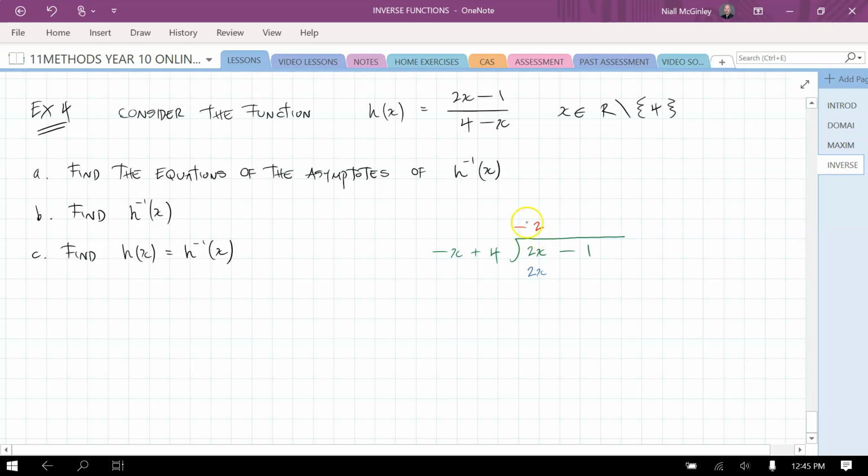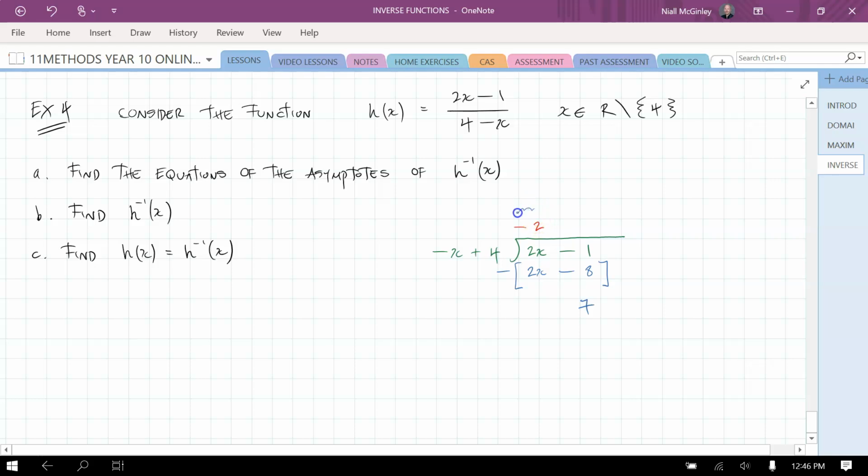And then minus 2 times plus 4, that's going to give me minus 8. Then what I do is I subtract these values. If you've done this correctly, this will always happen: 2x minus 2x, they'll cancel, you'll have nothing left there. Then we have minus 1 minus minus 8, so that's minus 1 plus 8, which is actually going to be 7.